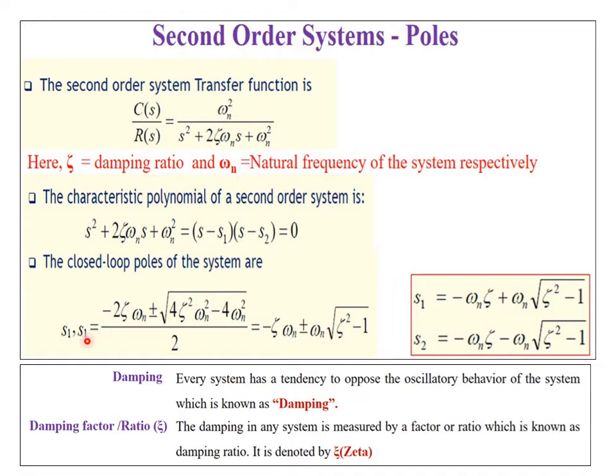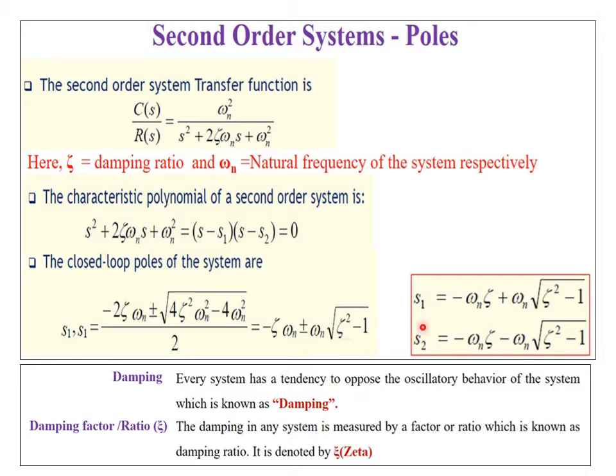By calculating the roots of the equation, that is minus b plus or minus under root b square minus 4ac, we can get the roots over here. You will get the first one as the positive root, another as the negative root.